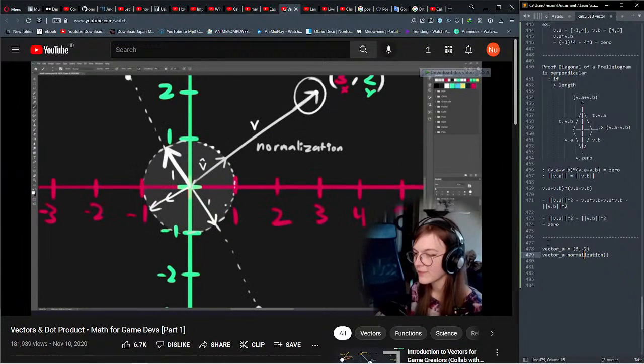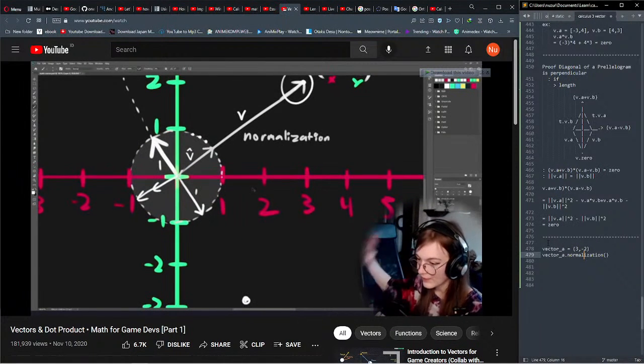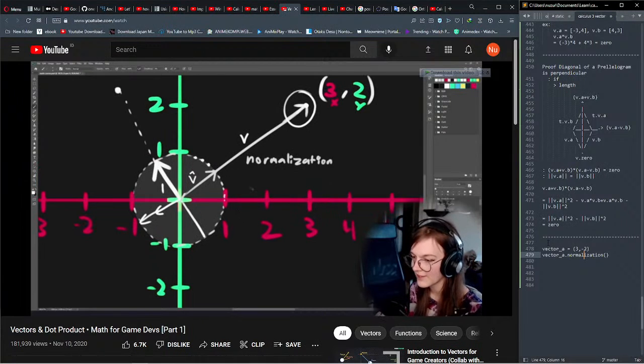Like I mentioned before, one of the powerful things about having normalized vectors is that, let's see if I can undo a bunch of things.